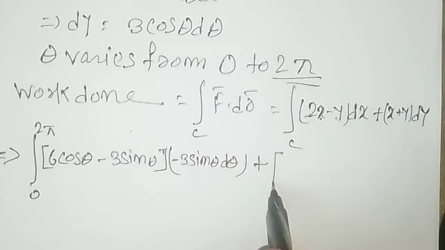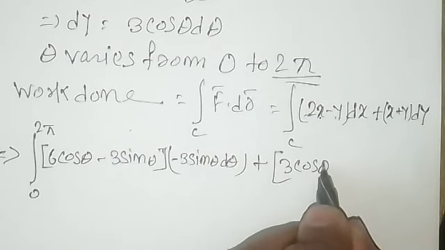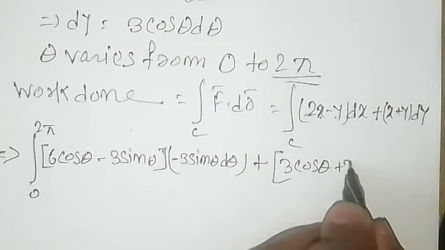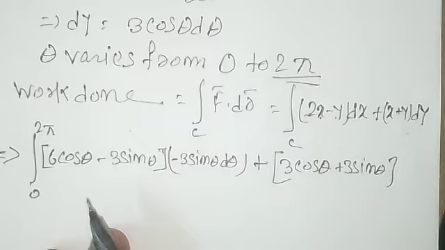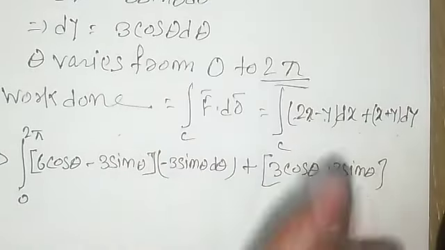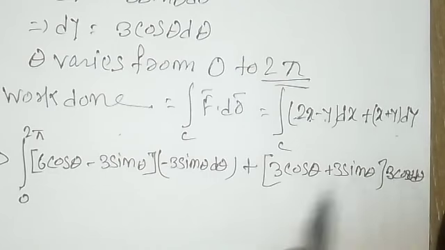Plus, again x is 3 cos theta and y is plus 3 sin theta, right? And dy is equal to 3 cos theta d theta, so you can write 3 cos theta into d theta.